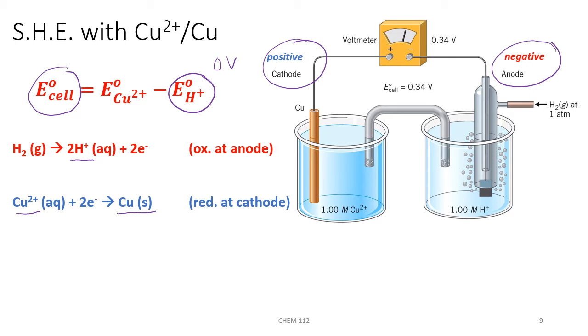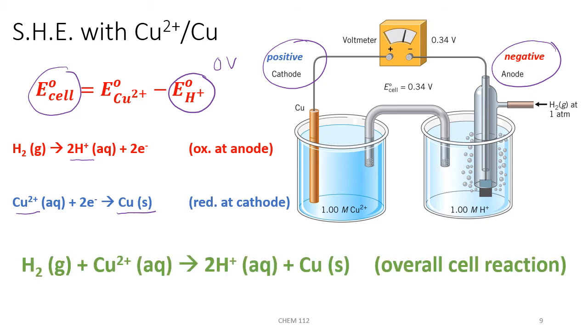We would visually see that copper is plating out and the mass is getting greater at the cathode, and we would see bubbling taking place at the anode. So our overall reaction is H2 gas plus aqueous copper ions forming aqueous hydrogen ions and solid copper. That's our overall cell reaction.